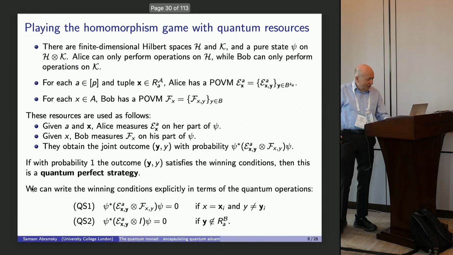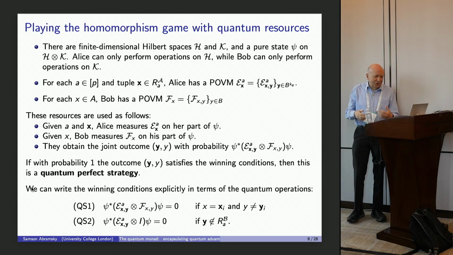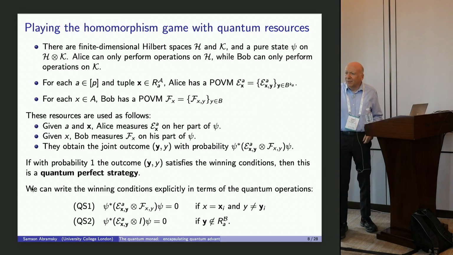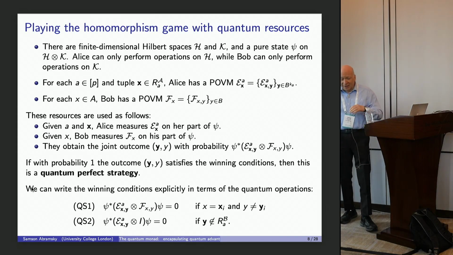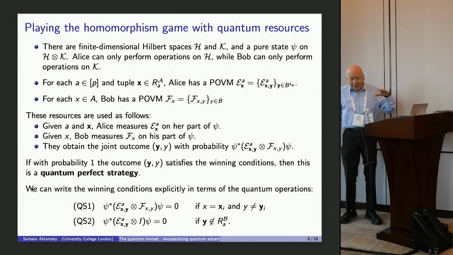And that translates into, so what we're saying is we never get the wrong outcome. We never get something that violates those conditions. And we can express that in terms of these two conditions, that we get a probability of 0 of ever doing something that violates the conditions. So whenever we get a positive probability, we've satisfied the conditions. So this strategy always wins.